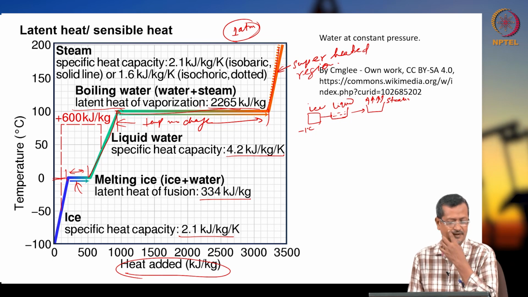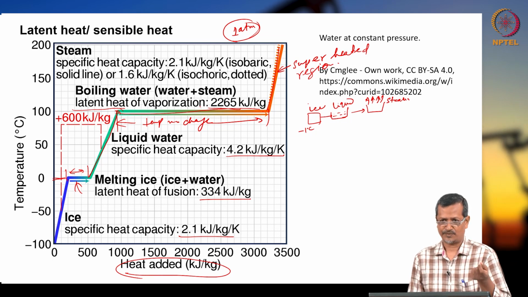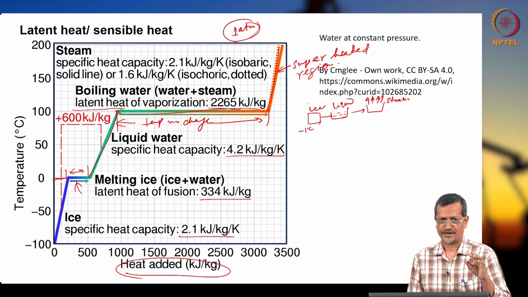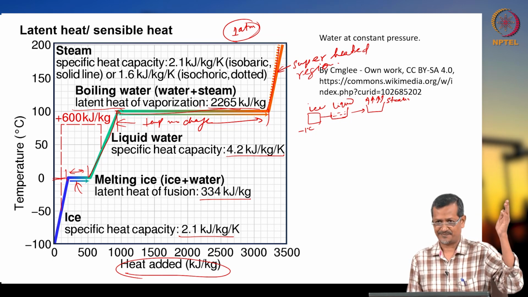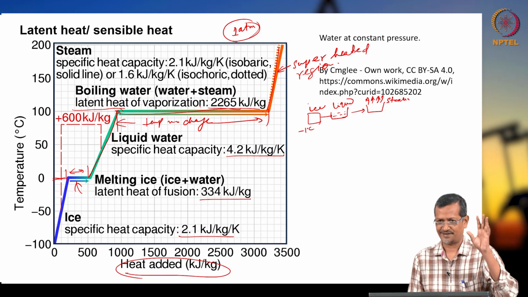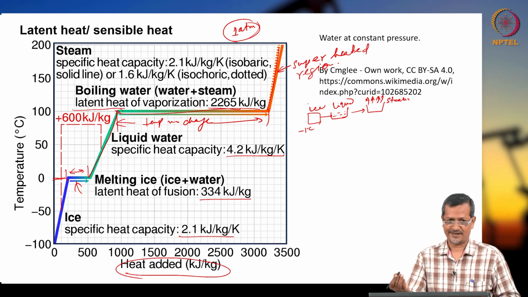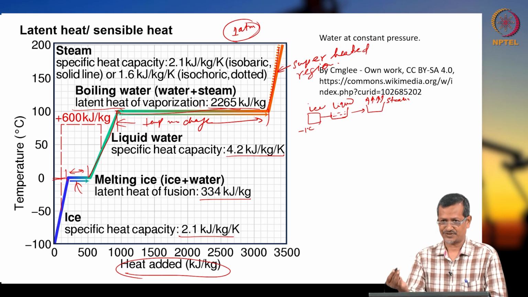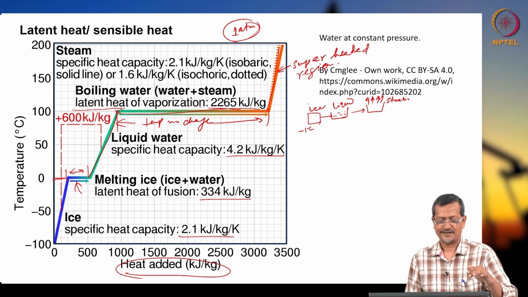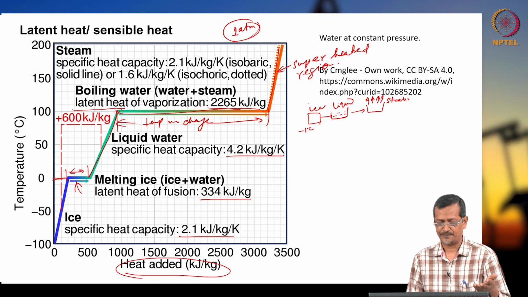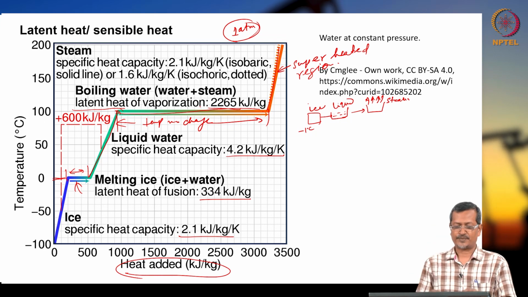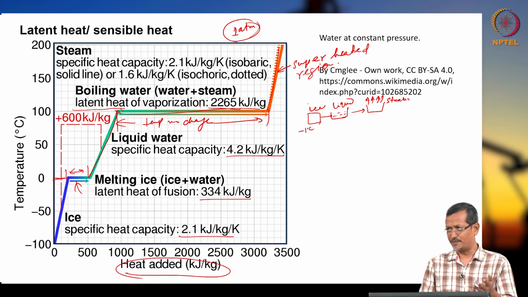For example, your pressure cooker normally works at 2 bar pressure, then it creates that high steam, the sound will be coming, right. The temperature will be about 120 degree centigrade at 2 bar pressure. So if you change pressure, your boiling temperature will change, and your melting temperature will also change. If you apply pressure on ice, it will melt at normal temperature also.